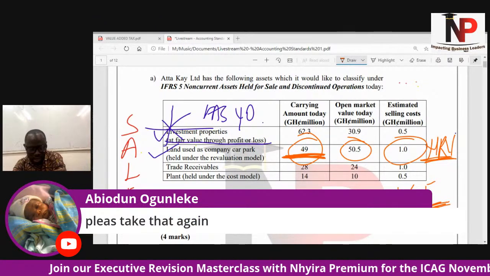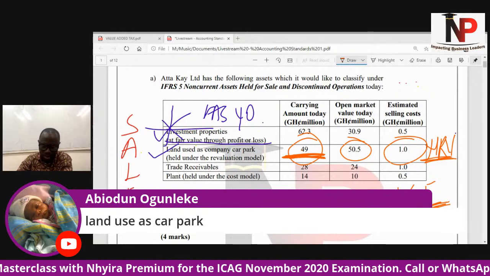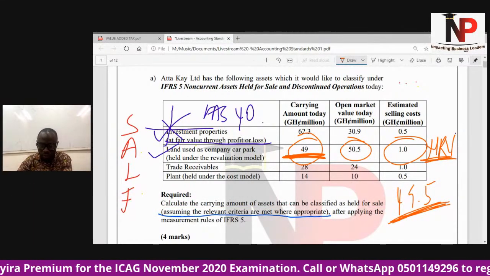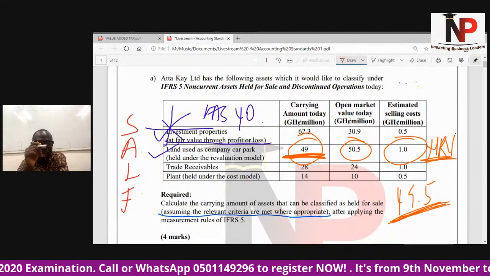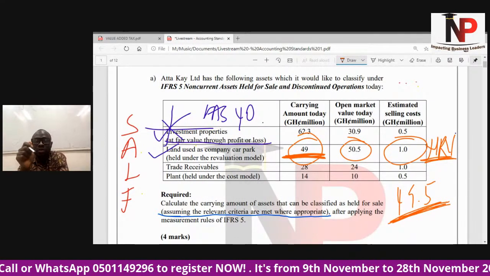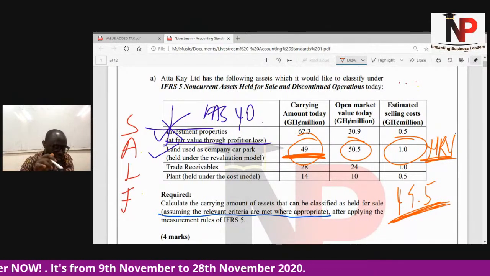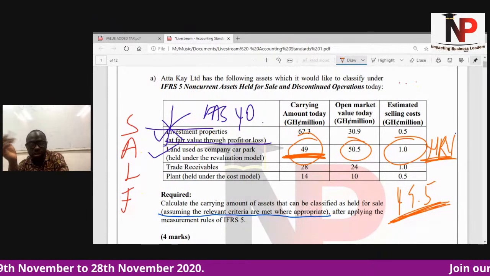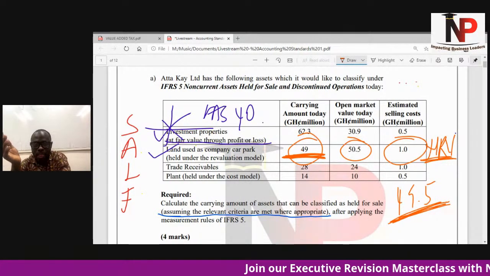Abiodun said, please take that again, land used as car park. Okay, that was what we were on briefly. Land used as company car park held under the revaluation model.